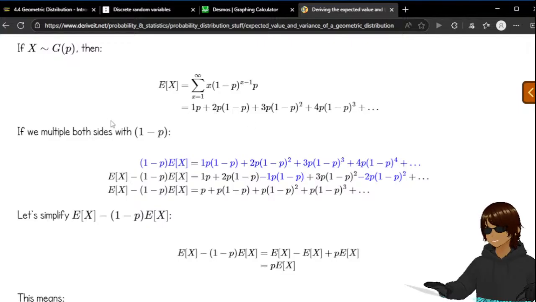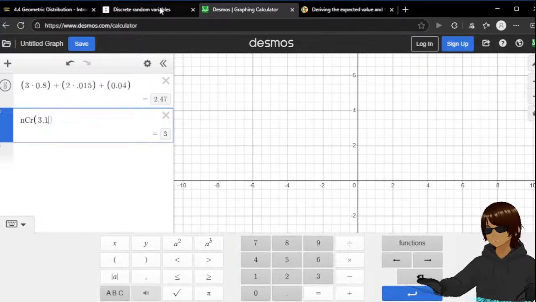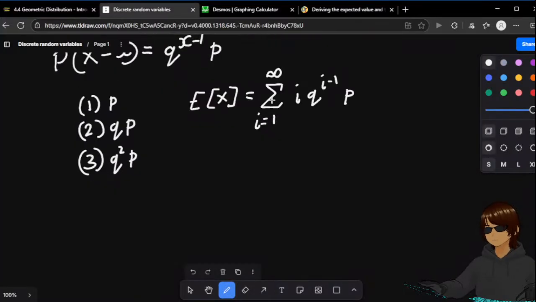We multiply both sides by 1 minus p. And then, okay, let's try that. So q times the expected value.